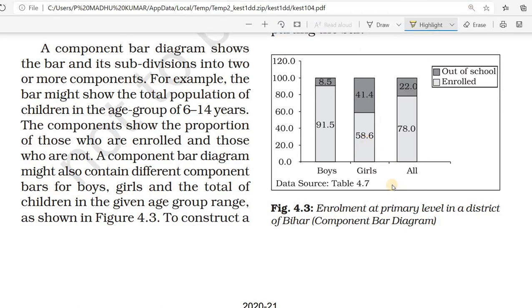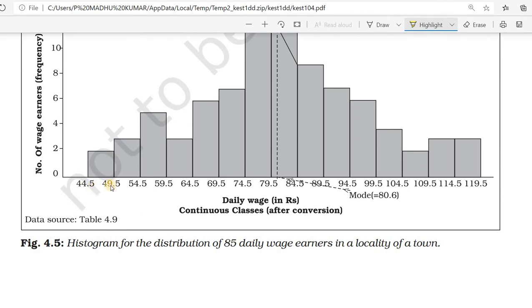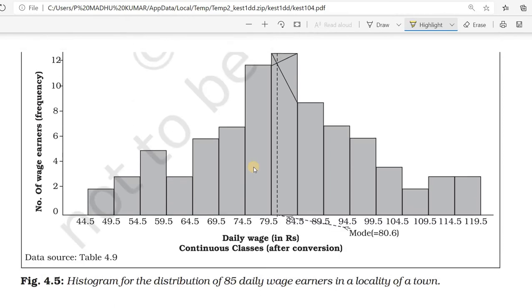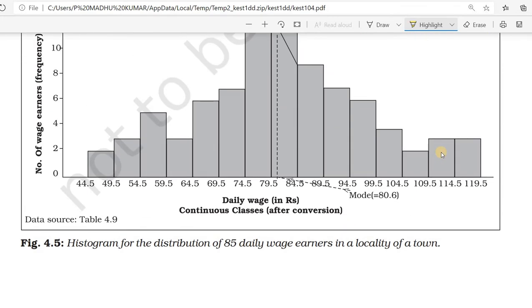But in a histogram we draw continuously, because we take classes like 44.5 to 49.5, the next class 49.5 to 54.5, 54.5 to 59.5, 59.5 to 64.5. Like that we take the classes.